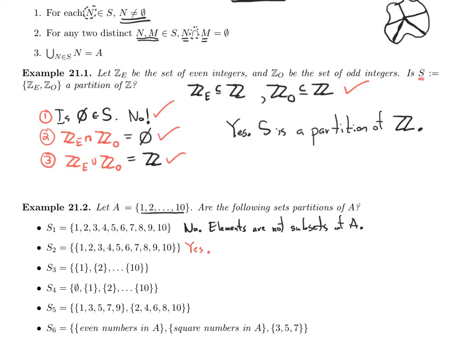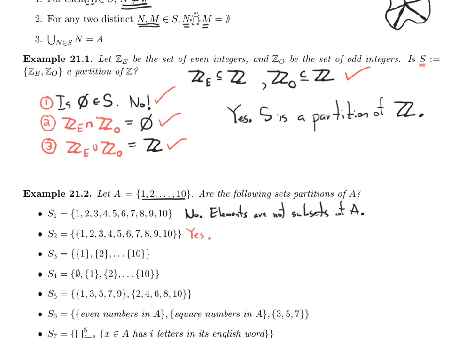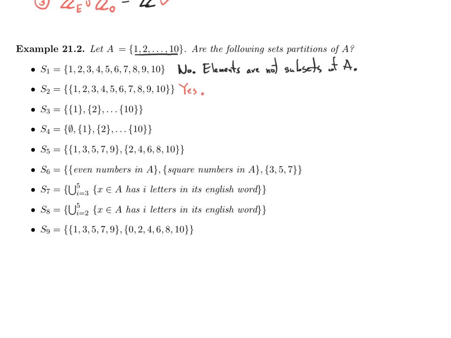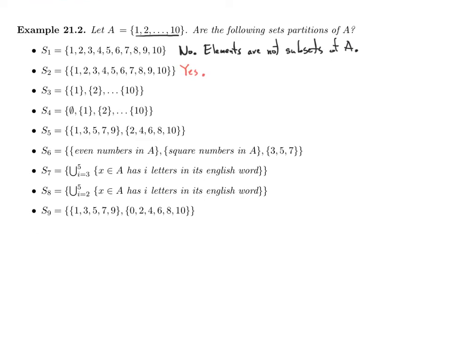The next one, same idea. Let's have a look. So the elements here are subsets of our set A, we're good to go. Is condition 1 satisfied? Is the empty set an element here? It is not. That's fine. Condition 1 is passed. These are one element sets. This one has 1 in it.